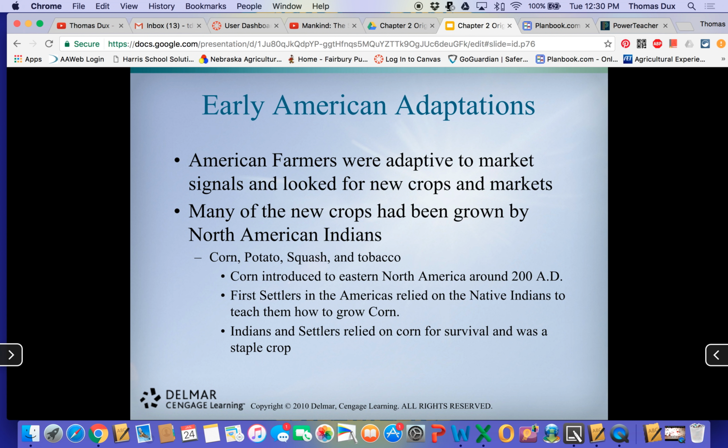They had a lot of these things planted, and they actually used a lot of these. They were planting corn or maize, potatoes, squash. Some of these were staple crops that they were already planting and utilizing. But when the Europeans settled here, they did not know how to grow some of this stuff. They had no idea how to grow some of these things. So that's where these adaptations really come into play.